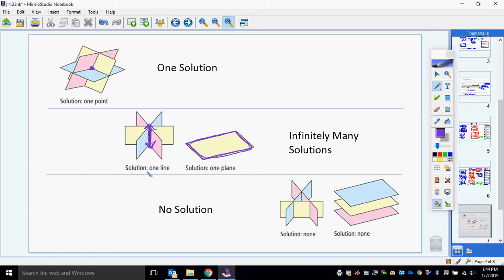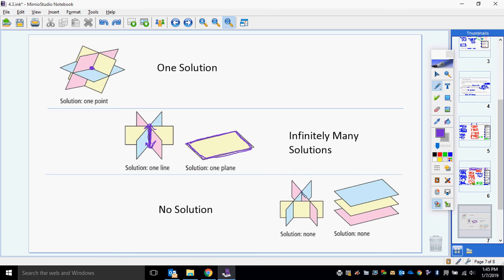Okay, and then we also have no solutions. Remember, to be a solution, all 3 planes have to intersect at some point. But a no solution case would be, let's say this pink and this yellow plane, they intersect over here, but this blue one doesn't touch them, okay? So that's not a point. Over here, the blue and the yellow intersect, but the red one doesn't.